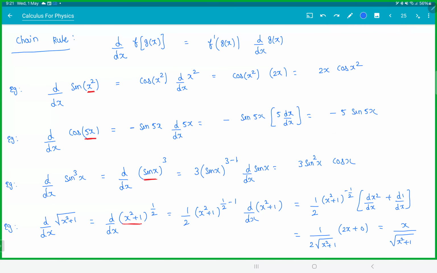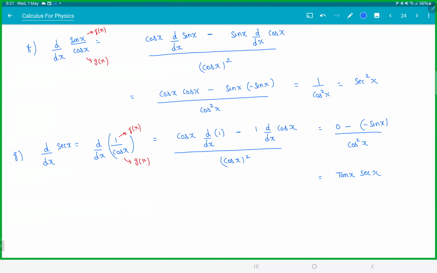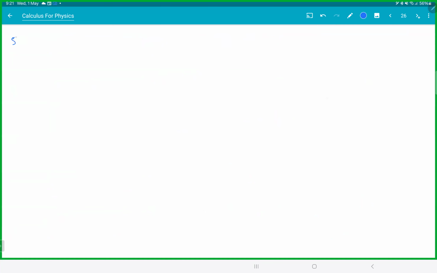Now, you guys try these things. We'll go one at a time, so don't worry. So dy/dx of cos 2x. dy/dx of e power 3x. dy/dx of sine square 3x.